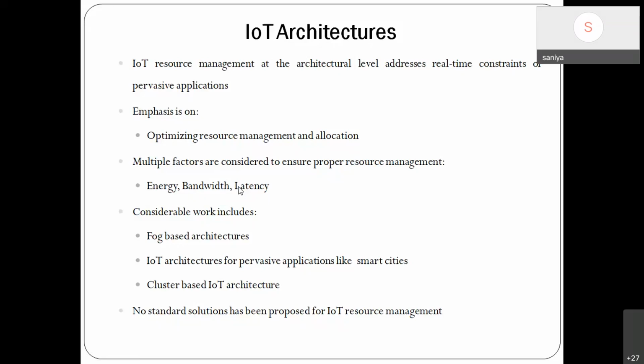Automatic applications mean smart applications, and we know IoT applications are smart. There is also work on cluster-based IoT architecture. These three things you are definitely going to encounter while studying IoT architectures. The problem here is that there is no standard solution for IoT resource management. If there is no standard solution, you can try your research on that, and see how you can improve more and more factors in this area.